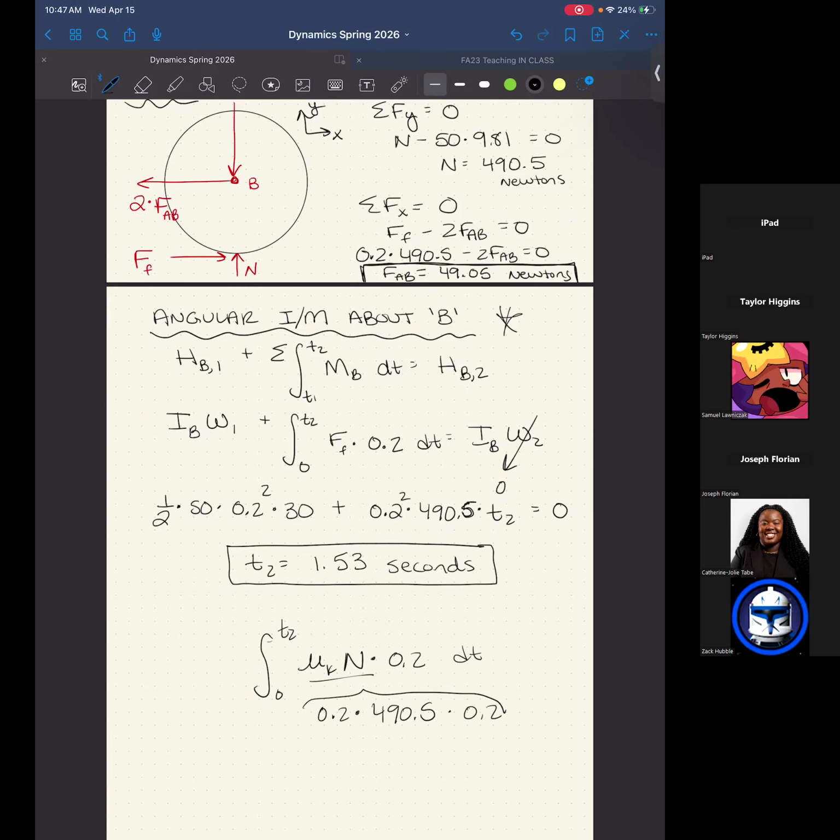Why should I do 0.2 twice? Because it's the force of friction times the moment arm. Oh, so the force of friction has a 0.2 in it because it's the coefficient of friction.